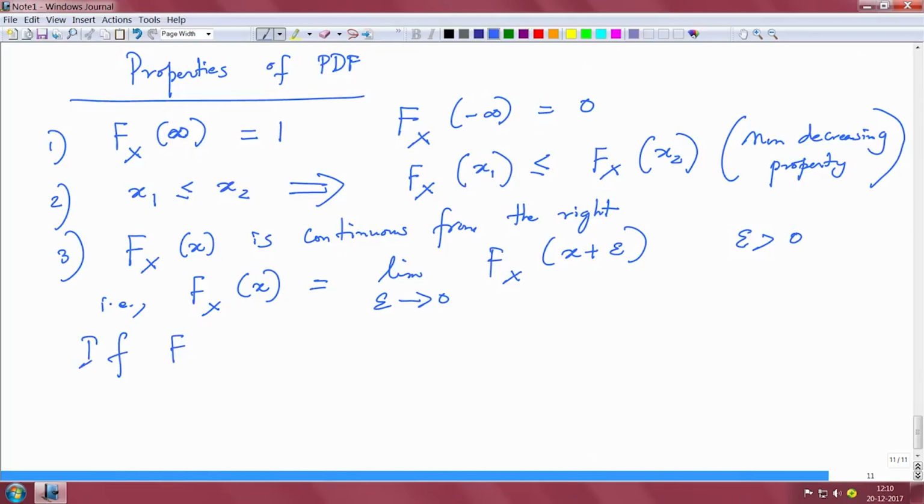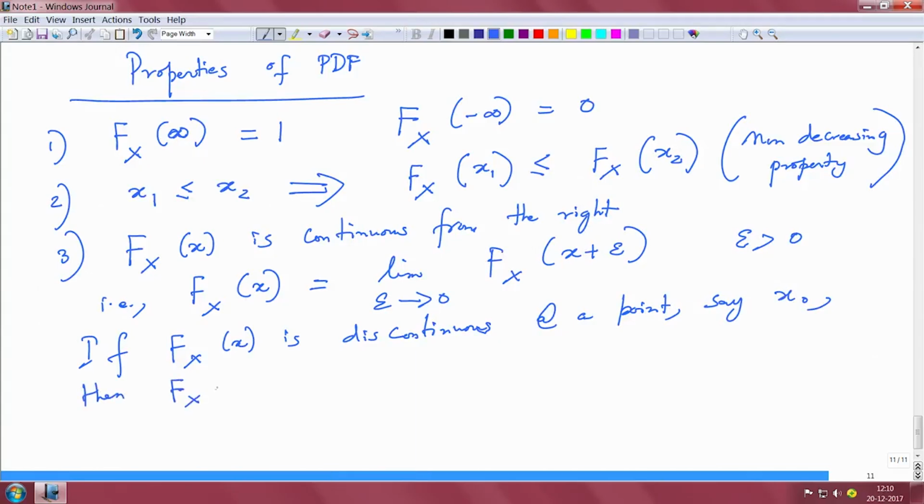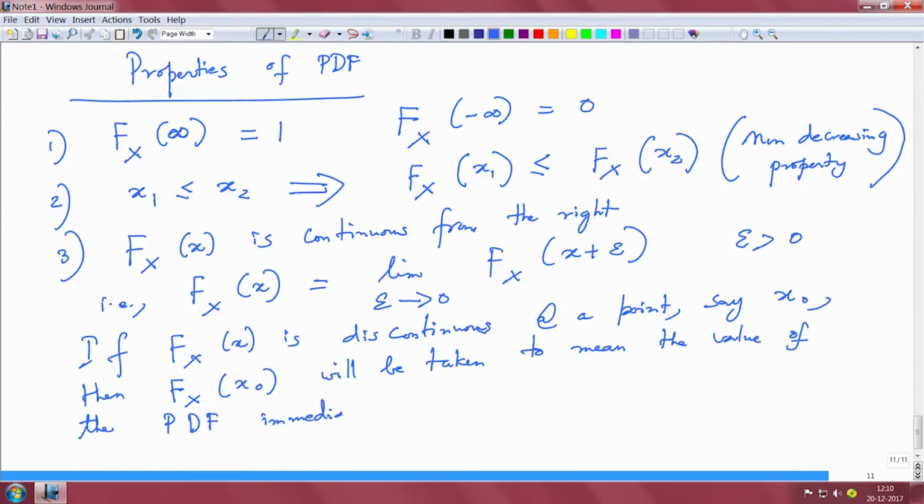If the distribution function is discontinuous at a point, say x naught, then the distribution function at x naught will be taken to mean the value of the probability distribution function immediately to the right of x naught.